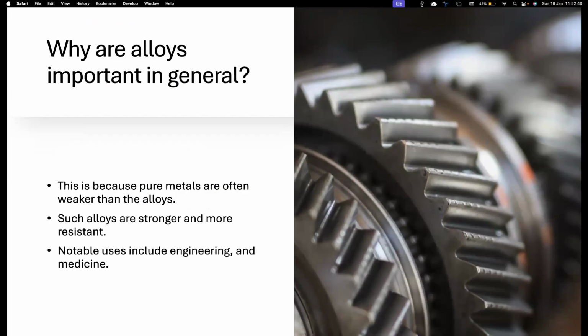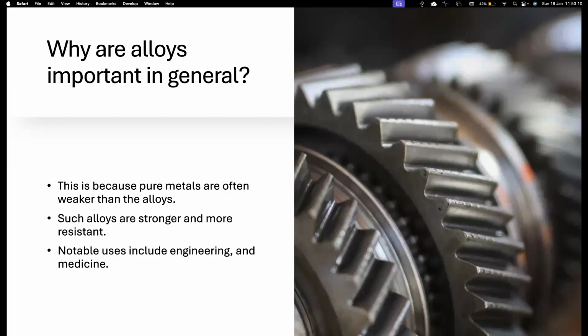This makes it harder for the layers to slide over each other, increasing their strength and hardness. So such alloys are very strong, because when the lattice structure is disrupted, it is harder for the layers to slide over, making the alloy much stronger and more resistant.